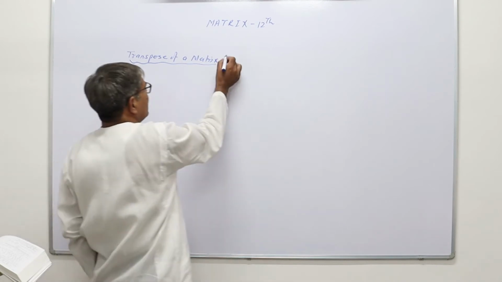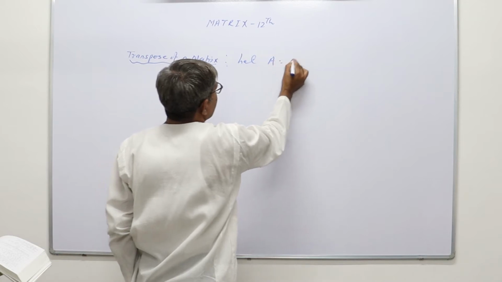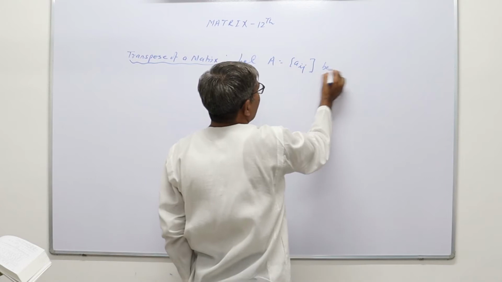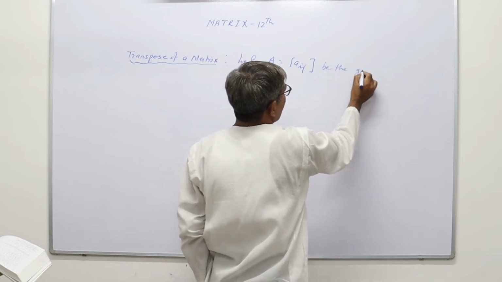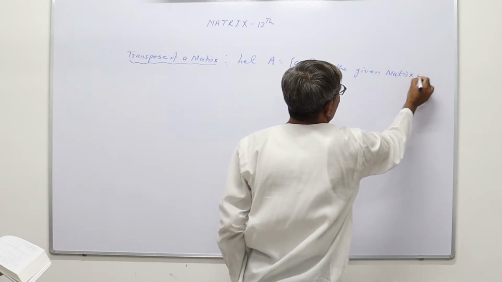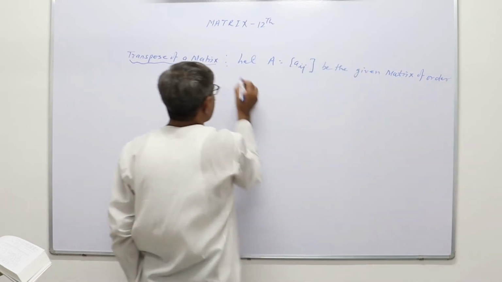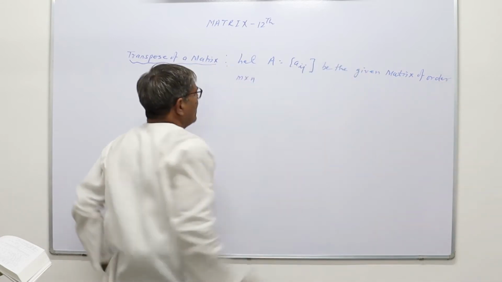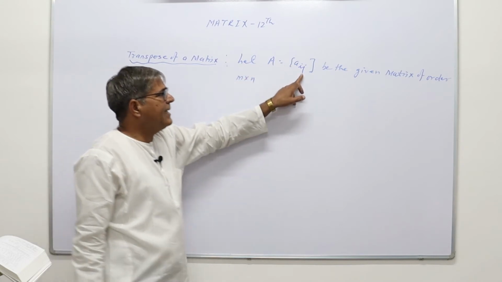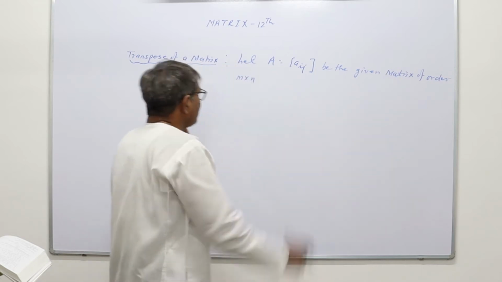So let A = [Aij] be the given matrix of order m cross n.